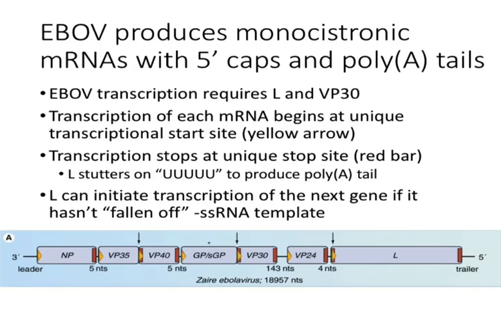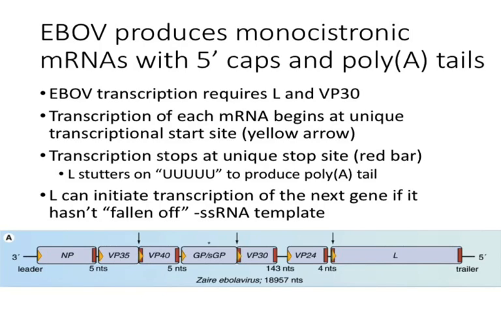How does it produce individual monocistronic mRNAs from one single promoter? And the answer, or at least the short answer, is each of these has their own transcriptional start signal and their own transcriptional stop signal. And what happens is that the polymerase just continues to read and start and stop transcription at the beginning and the end of every one of these genes. That's the short story.